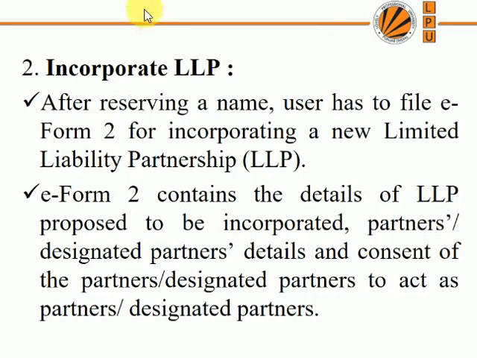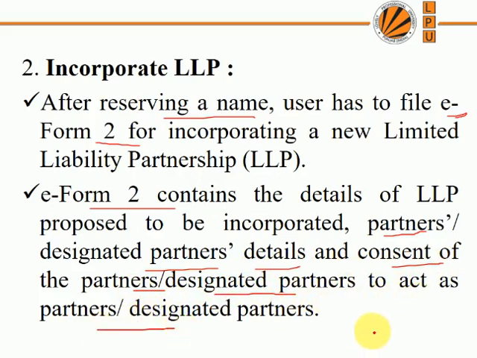The second step is incorporate the LLP. After reserving a name in step 1, the user has to file E-Form 2. In the first step, we filled E-Form 1. Here we are filling E-Form 2 for incorporating a new limited liability partnership. E-Form 2 contains the details of the LLP proposed to be incorporated, partners, designated partner details, and the consent of the partners and designated partners to act as a partner and a designated partner.